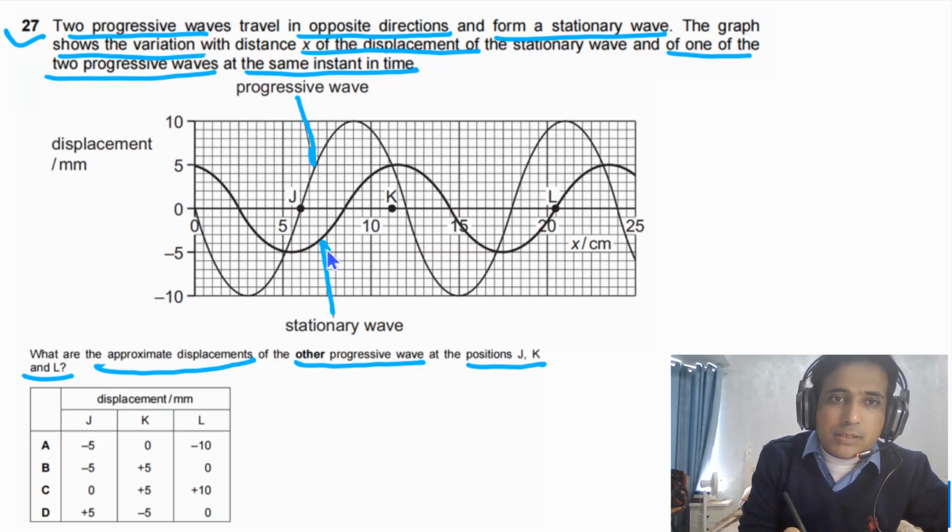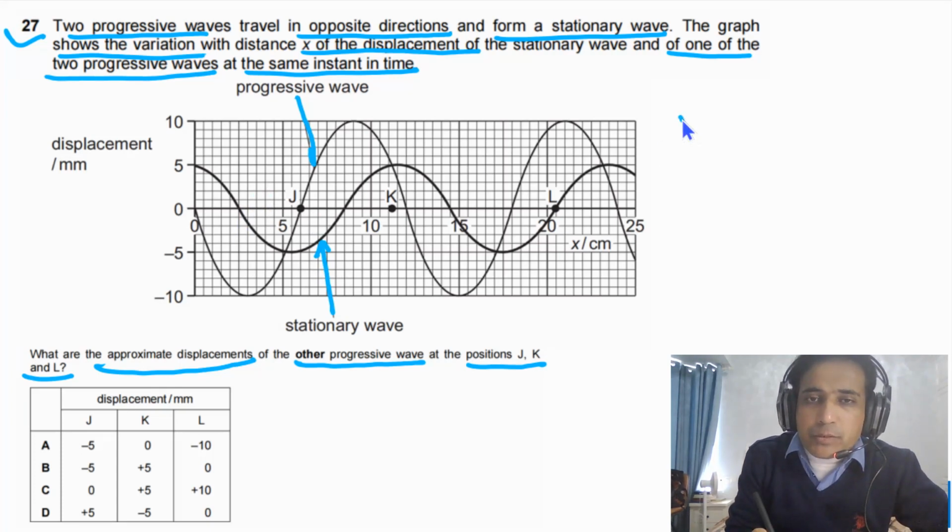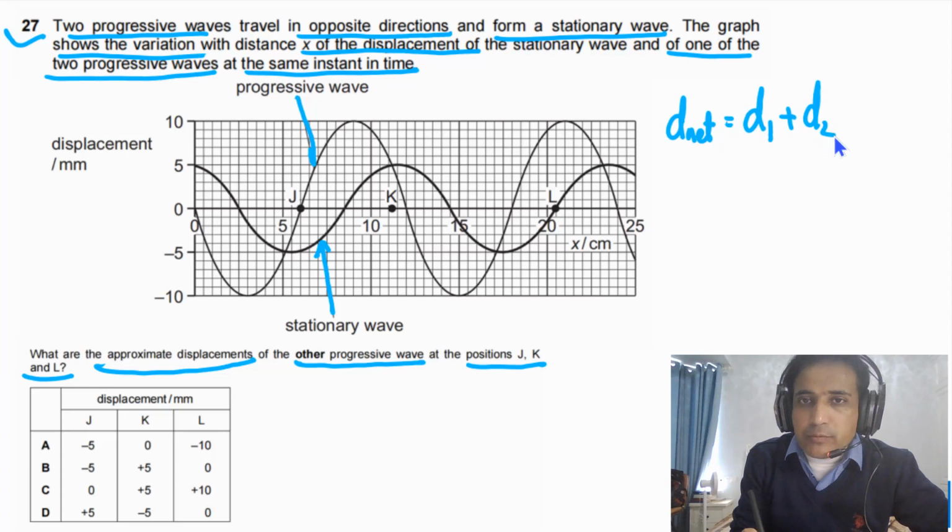This one is the stationary wave. The displacement of the stationary wave is the resultant displacement, or simply the net displacement. Net displacement has to be equal to the displacement of one progressive wave plus the displacement of the second progressive wave.